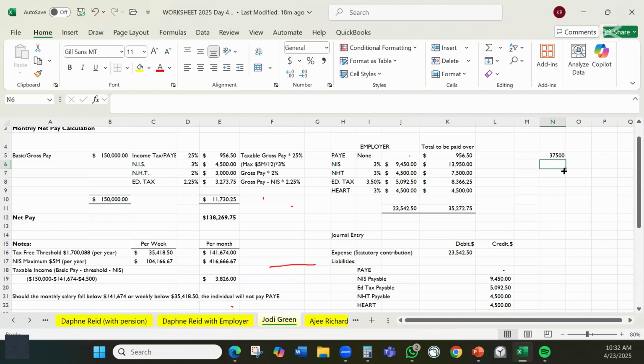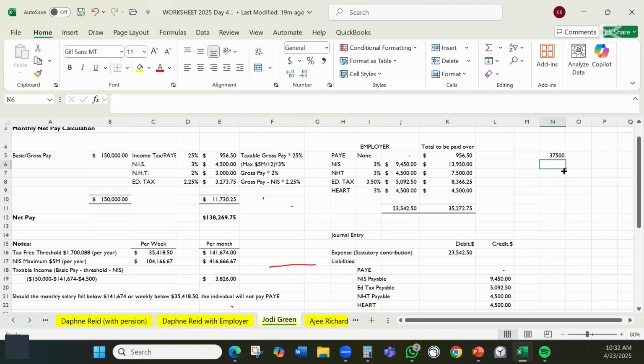All right, go ahead, Tanisha. So that would be the gross, say NIS, which we already worked out, and subtract it from the gross salary and times it by 2.25, which works out to be the 3,273.